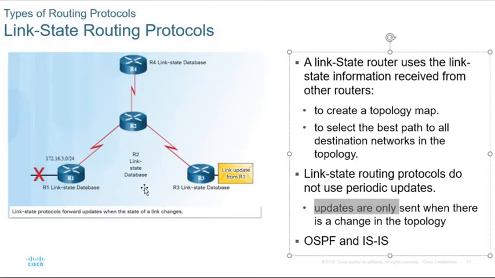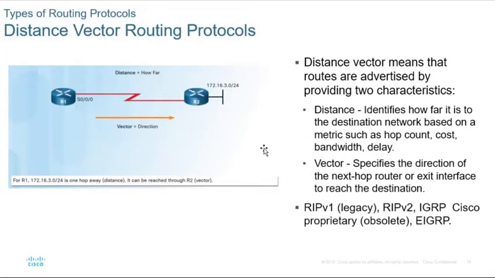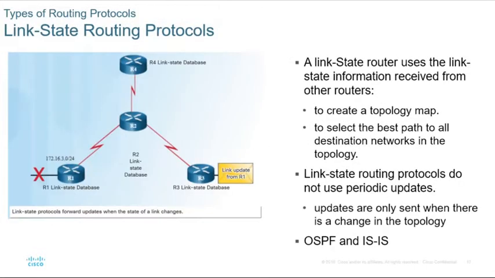A change in the topology means, for example, an additional network was configured on a router, or a certain network becomes down. So, triggered update, unlike distance vector that uses periodic update. Remember that.